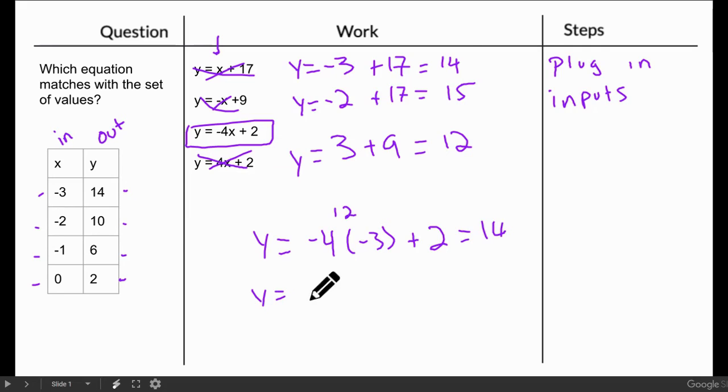Let's try one more just to make sure. We have y equals -4, so -4 times -2 is +8, plus 2 is equal to 10, and that matches up as well. And if you noticed, we plug in either of these and you get the same thing.